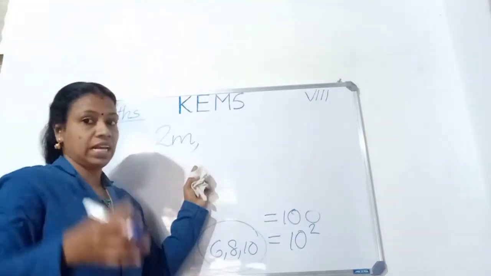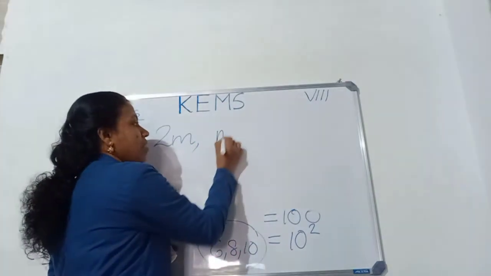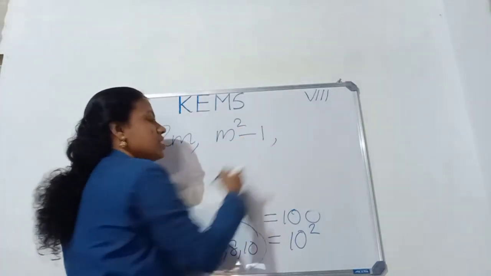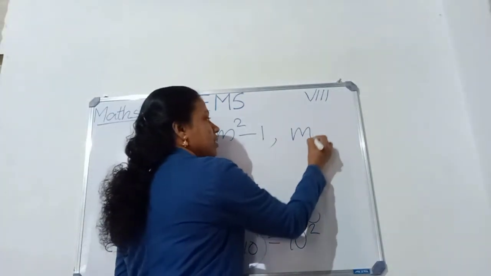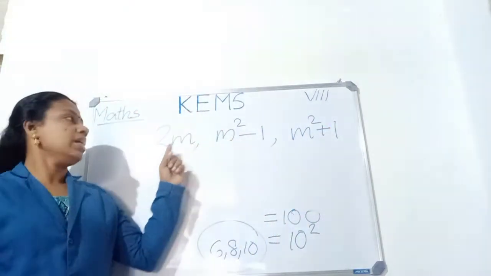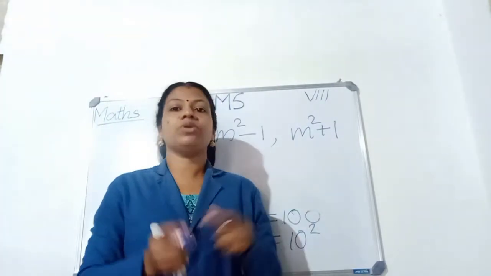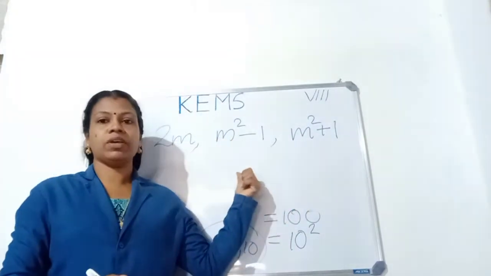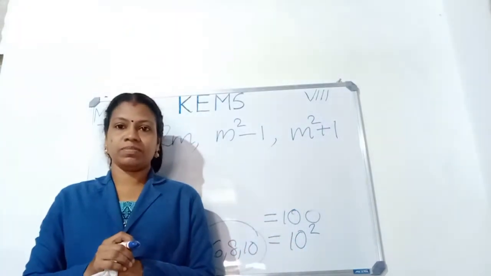It is a collection of three numbers. The second one is m square minus 1. And the third number is m square plus 1. 2m, m square minus 1 and m square plus 1. So using this general form, you can find more Pythagorean triplets.